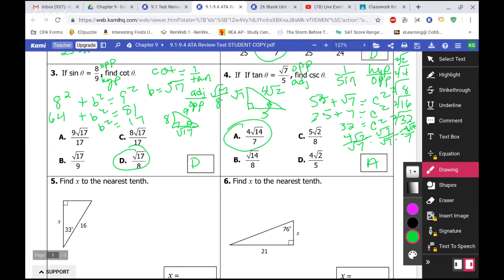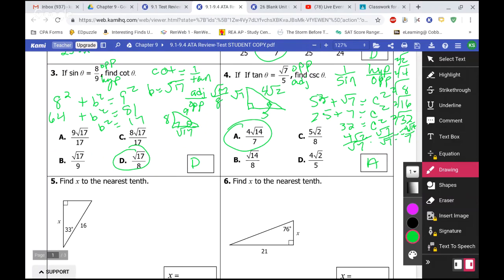What was C? What did C end up being? It ended up being 4 root 2. So I did factor correctly. So it's 4 root 2. And then cosecant is hypotenuse over opposite, which is 4 root 2 over root 7.